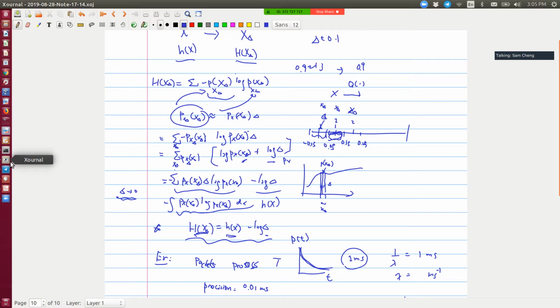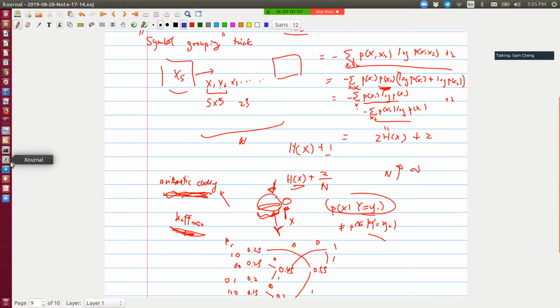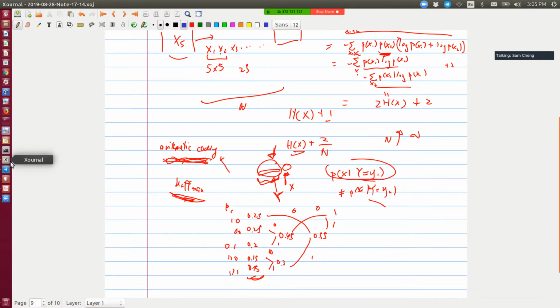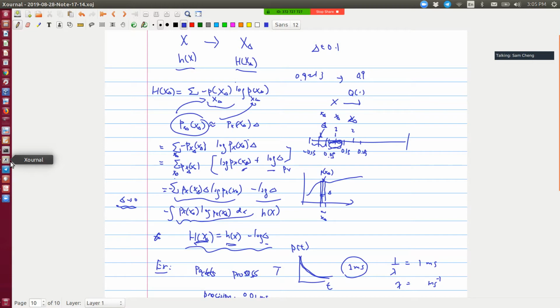Just before we left last time, we looked at how we connect differential entropy with the conventional, discrete entropy. It turns out it's just by this simple relationship.